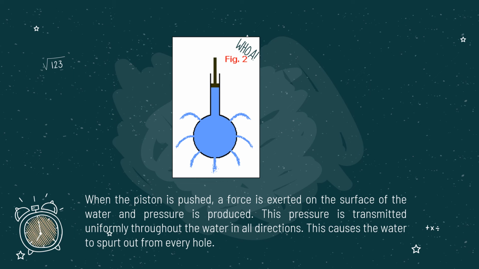When the piston is pushed, a force is exerted on the surface of the water and pressure is produced. This pressure is transmitted uniformly throughout the water in all directions. This causes the water to spurt out from every hole. This is called Pascal's principle.